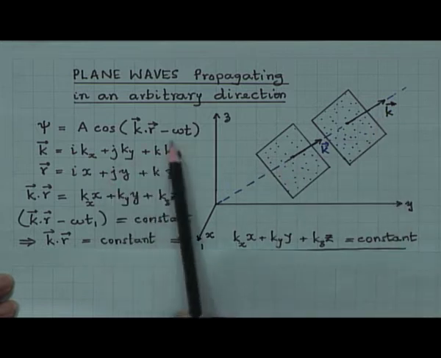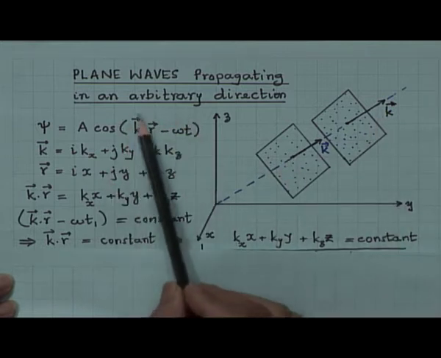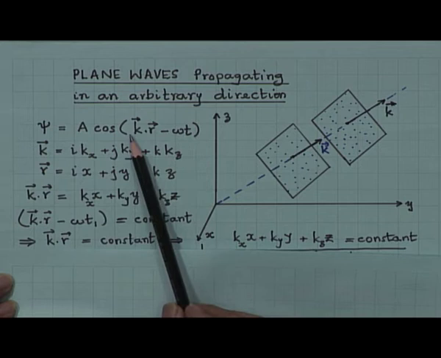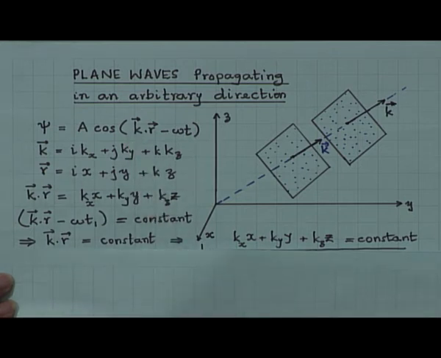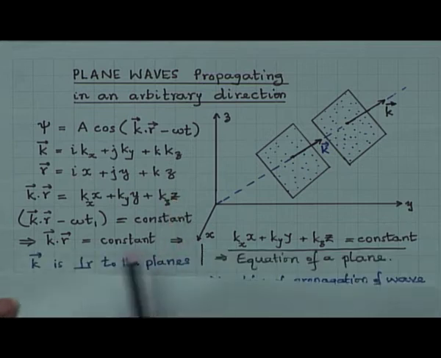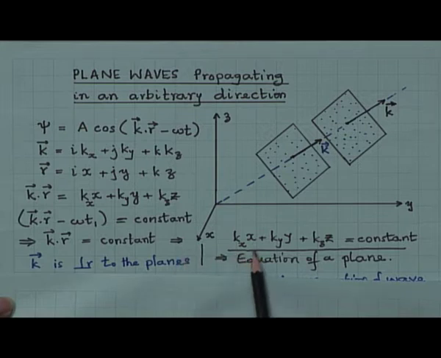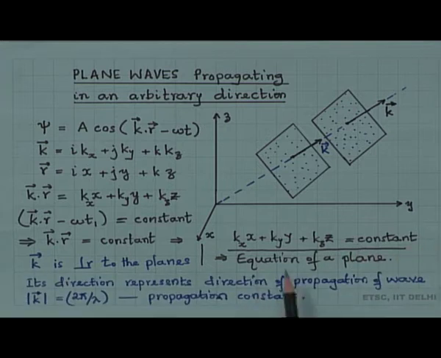If this is a plane wave, this must be constant at a given time. That will give us the wave front, which is a plane. Therefore, that implies k dot r must be equal to a constant. So, what is k dot r? k dot r is k x x plus k y y plus k z z, which is equal to constant, and we know that this is the equation of a plane.